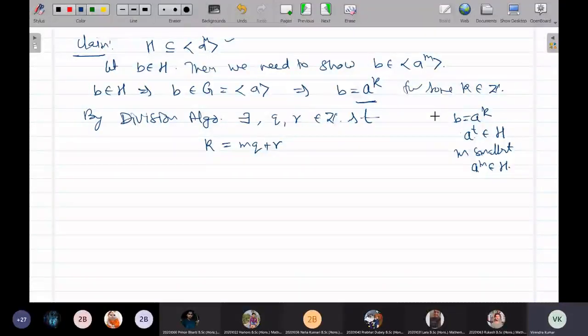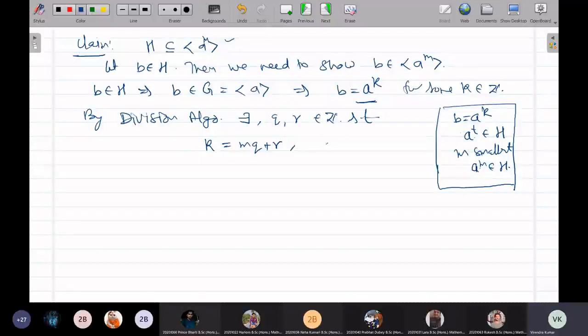So certainly, because this B belongs to H, K should be greater than M. So we have all authority to divide K by M. Fine. We have all authority to divide K by M.